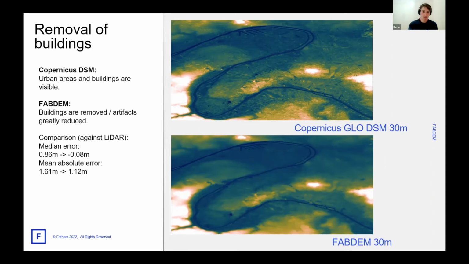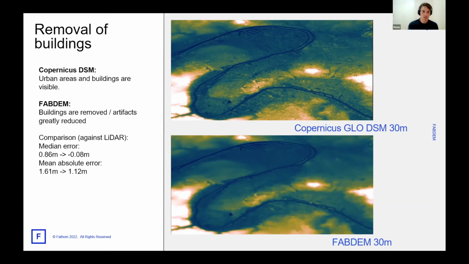I guess one thing to note is that you could say, in a sense, that the original Copernicus DEM does look like it's higher resolution, but actually that detail in it is, for many purposes and our particular purpose, something that's quite undesirable. It's actually getting in the way of seeing the underlying terrain. So that's what we're doing with FabDEM.